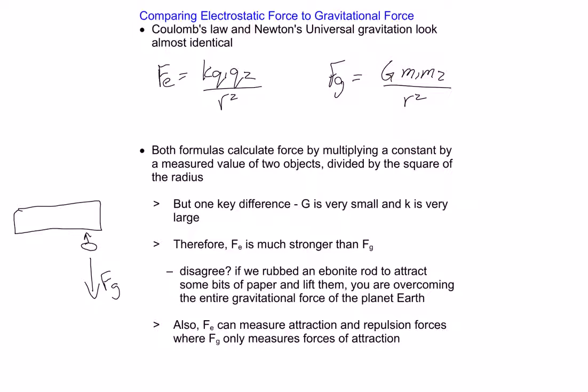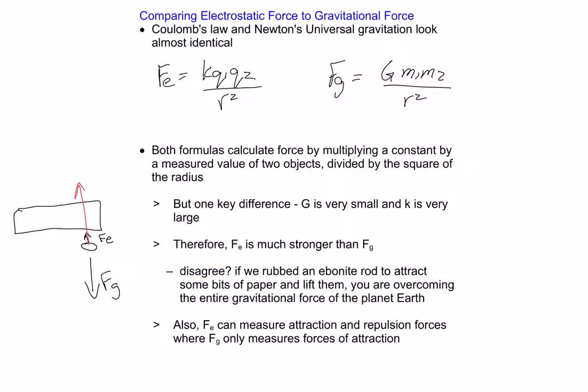Gravity is pulling that piece of paper down, and our electric force actually lifted it up. So for that to happen, obviously electric force has to be larger than gravity, otherwise the piece of paper wouldn't have been attracted to the rod. So in a simple, small example like that, we overcame all of the gravity force acting on it, and the electric force was still quite a bit stronger.